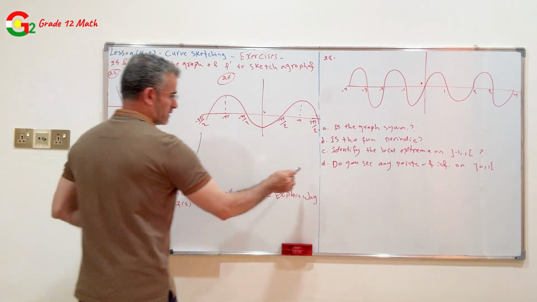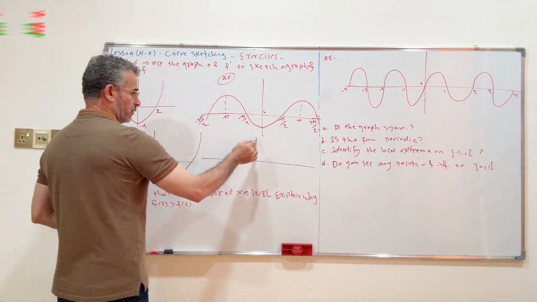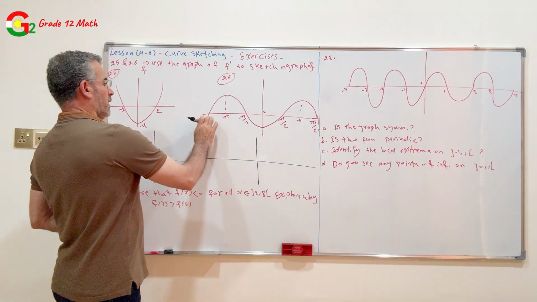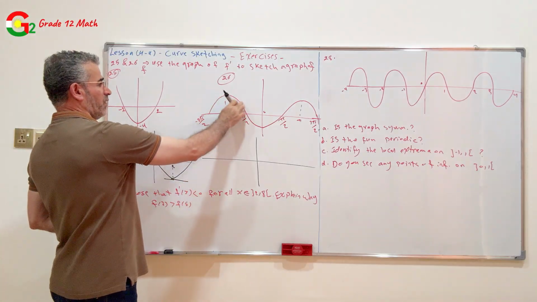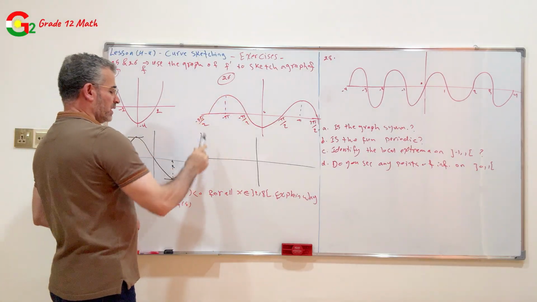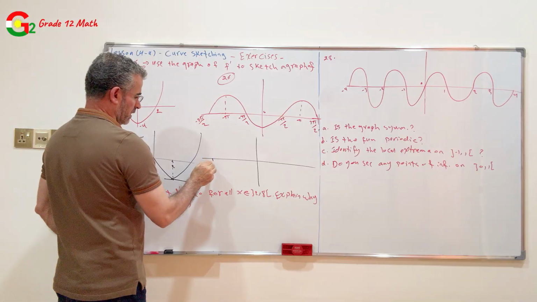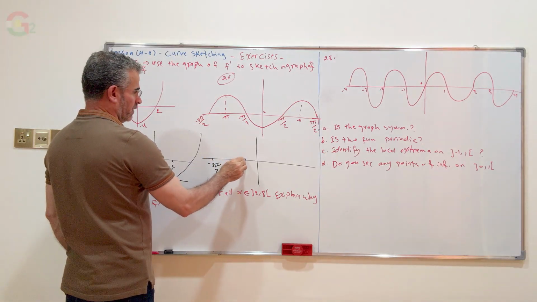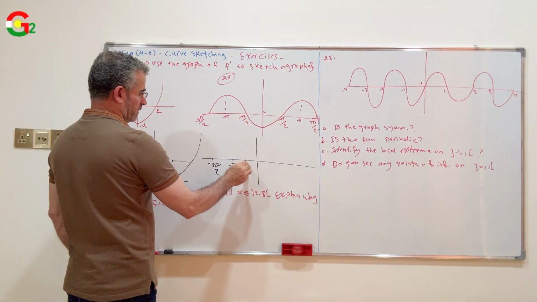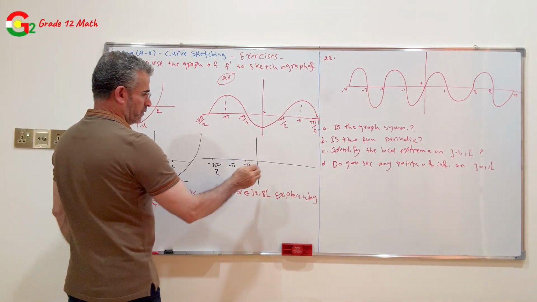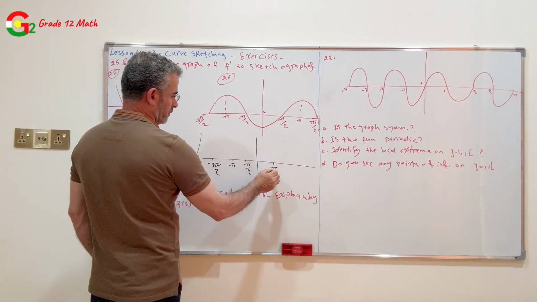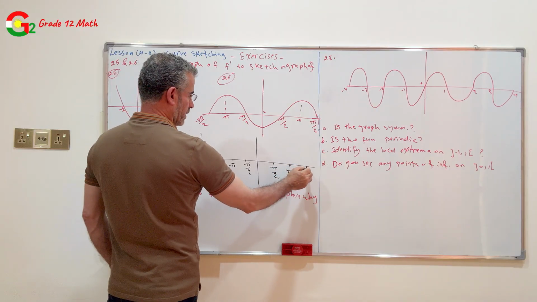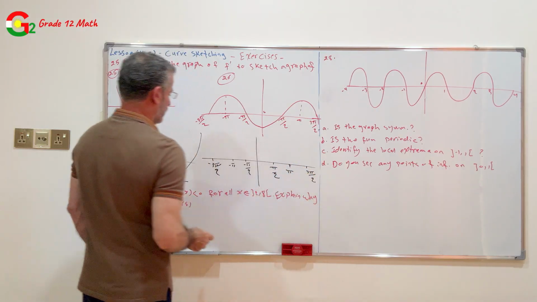For question number 26, this is negative 3 pi over 2, this is negative pi, this is negative pi over 2, pi over 2, pi, and 3 pi over 2.